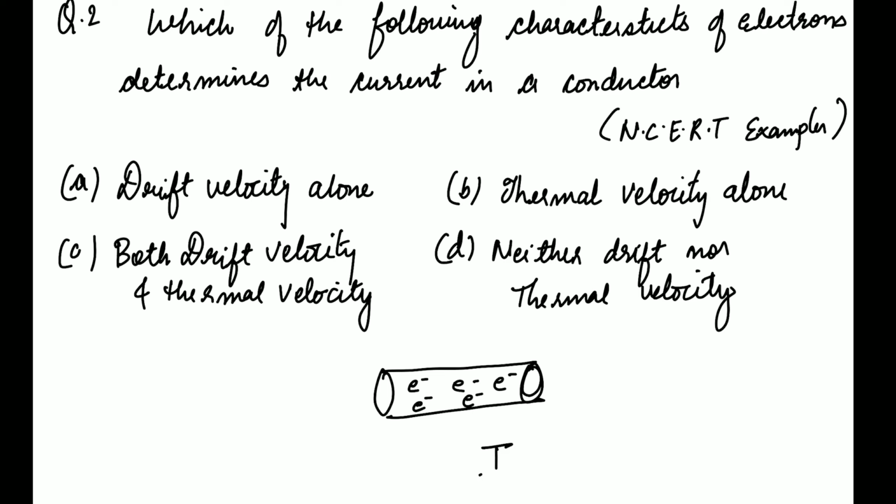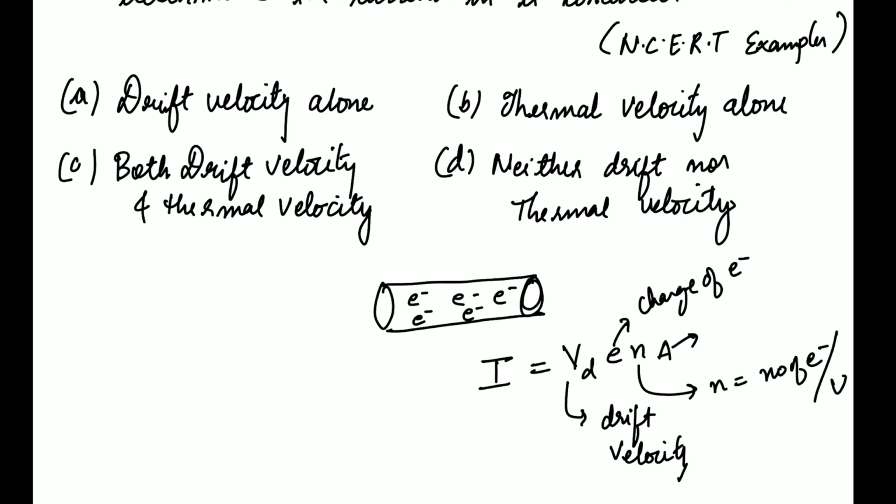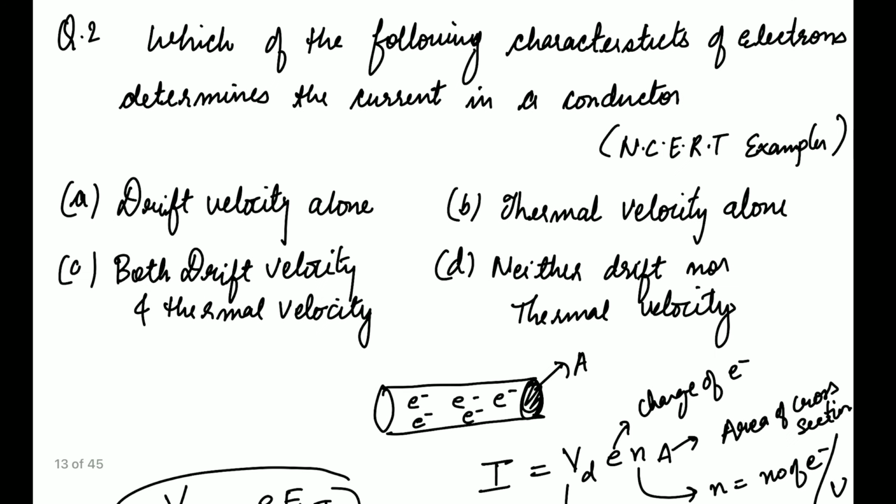We already know from the drift velocity concept that current can be given as I equals n e A Vd, where Vd is the drift velocity, e is the charge of an electron, n is the number of electrons per unit volume, and A is the area of cross section of the material. Also, drift velocity is given as E times e upon m times tau. Which characteristic determines the current?